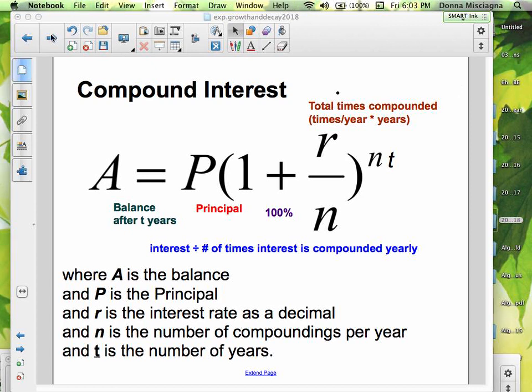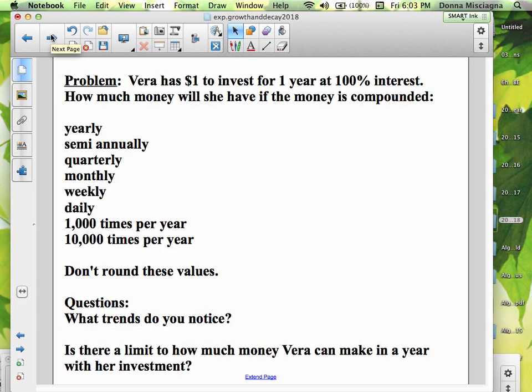Right, so I have a little problem here. As soon as it changes the page, which could be any day now. And there it is. All right, our problem. Vera has $1, a whole dollar, to invest for 1 year at 100% interest. Boy, at that interest rate, I really want to invest more of my money.